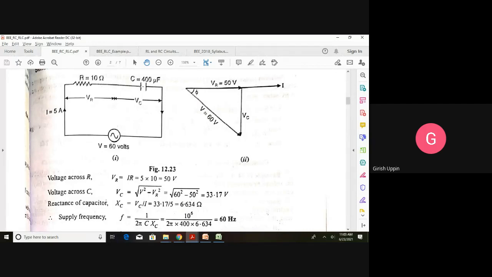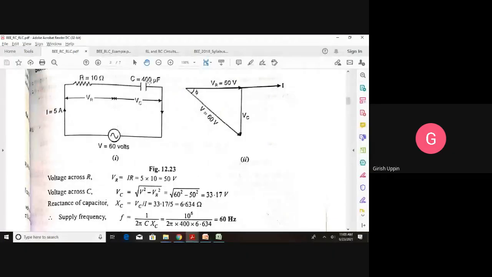XL is the inductive reactance, and XC is the capacitive reactance. You have to be very, very careful. Therefore, XC is equal to VC divided by I. VC we just calculated as 33.17, divided by the resulting current, which is 5 amperes. Therefore, XC is equal to 6.634 ohms.